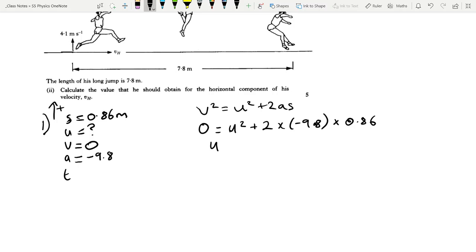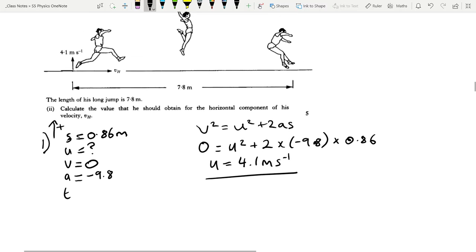So u squared comes to 16.8 something, so u comes to 4.1 meters per second.